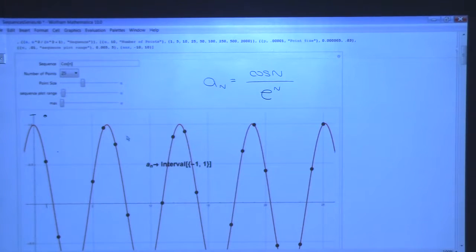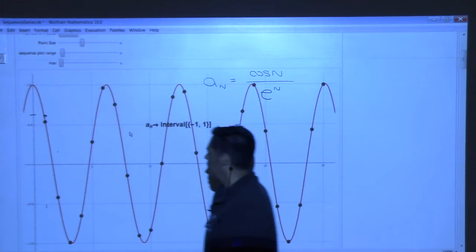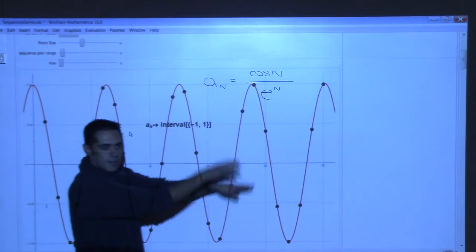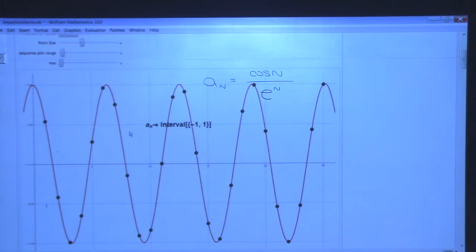So that's cosine n. And please make note that the red curve is not the sequence. The black is the sequence. So what we're getting is a bunch of speckles everywhere as we move down, right? But we want to take that and divide that by e to the n.